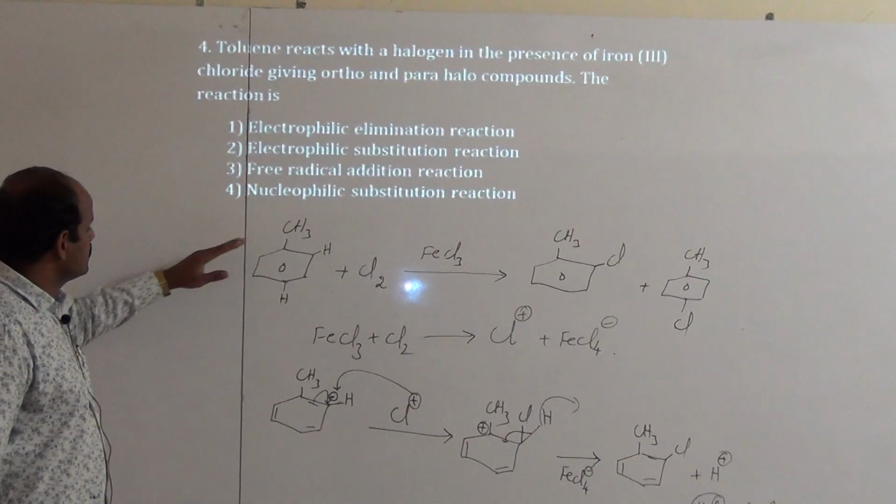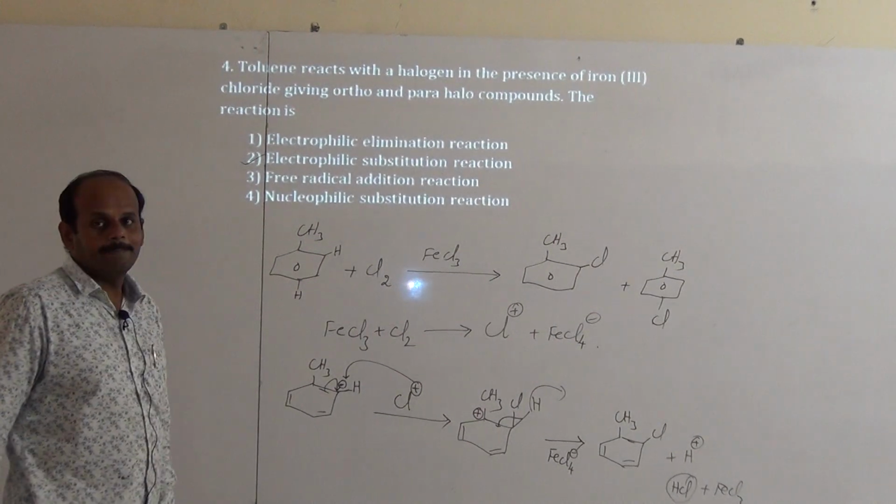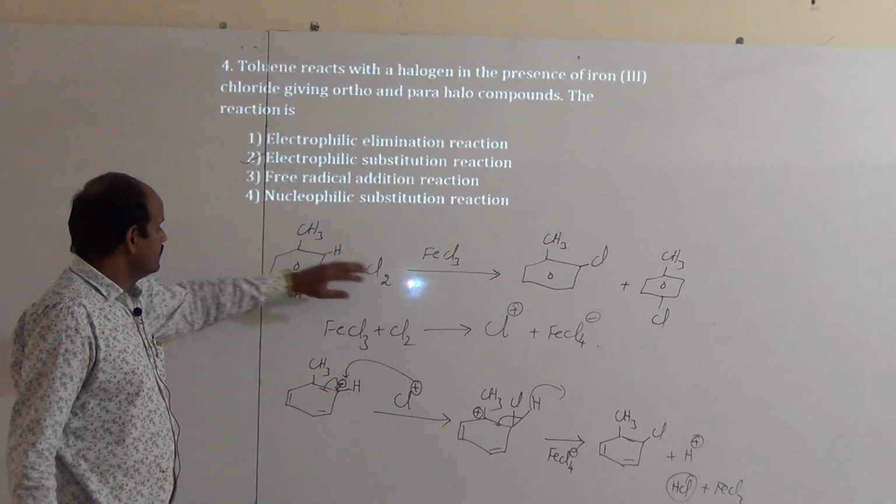Okay. Thus what is the correct option here? Second option, electrophilic substitution reaction. It is the halogenation of toluene.